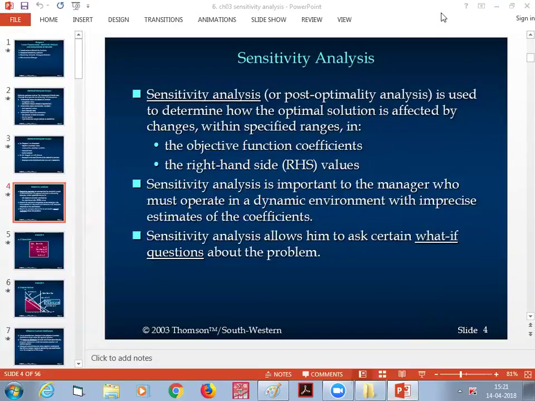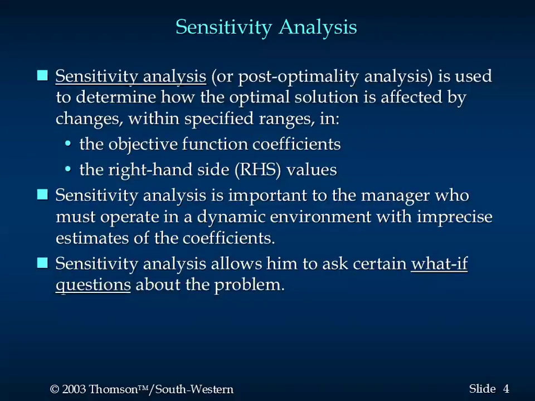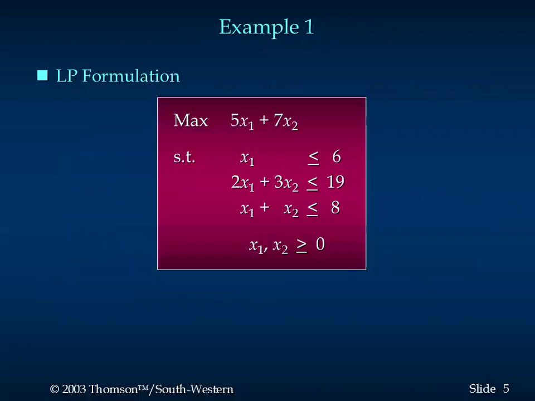Let's continue with this. As we were saying, we were going to look at how to do sensitivity analysis, and the two basic forms of changes are changes in objective function coefficients and changes in RHS bound.